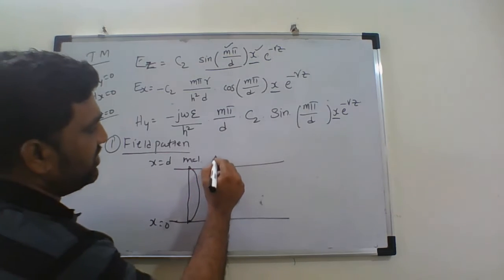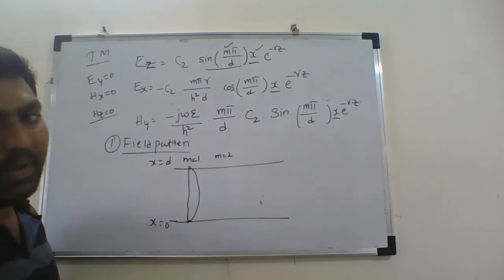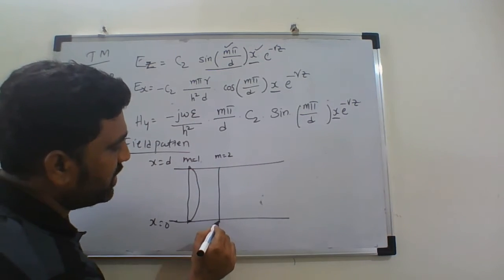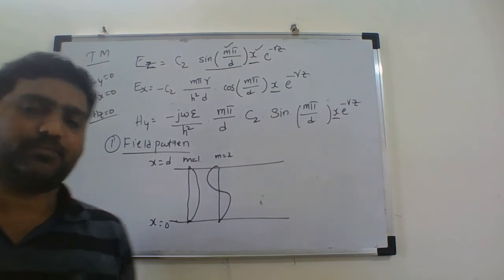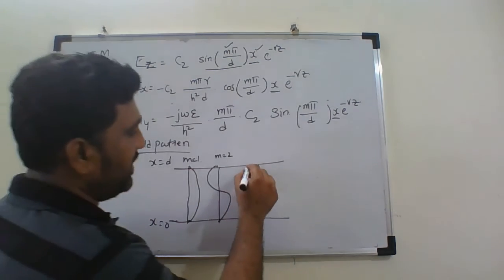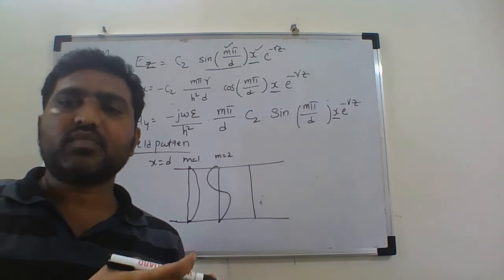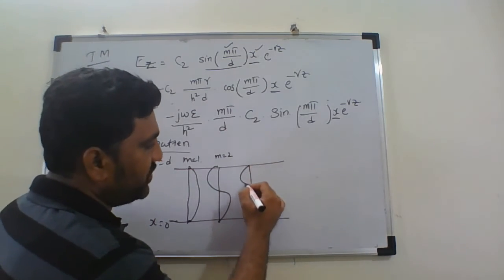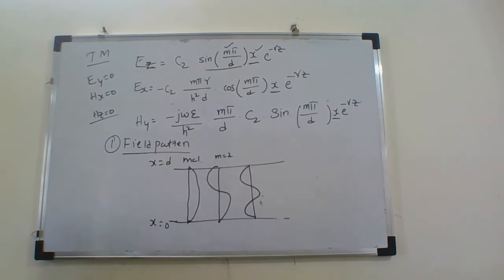If m equal to 2, this becomes sine 2 pi, so we get a variation of 360 degrees, therefore the wave will have 2 half cycles or a full cycle variation. If m equal to 3, I will get 360 plus 180, that is 540 degrees, so 3 half cycles of variation for Ez inside the waveguide.